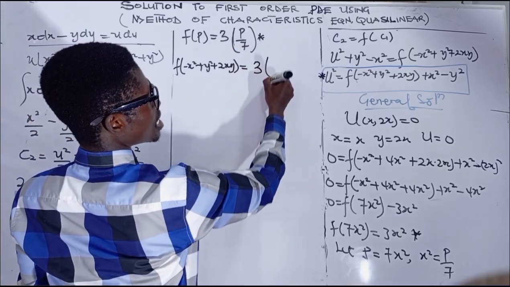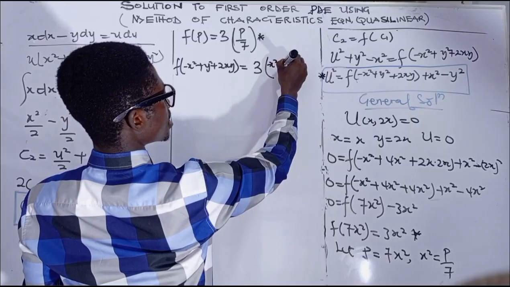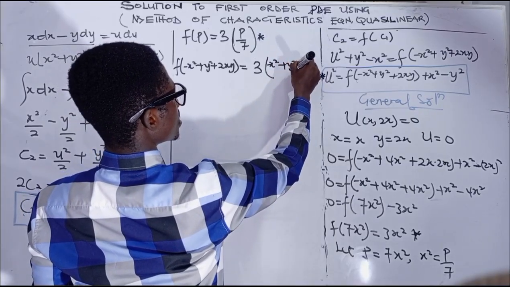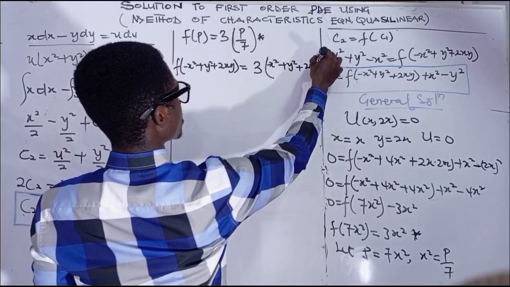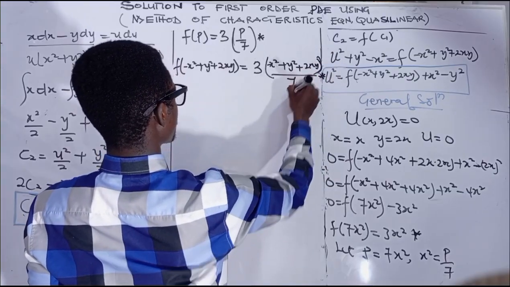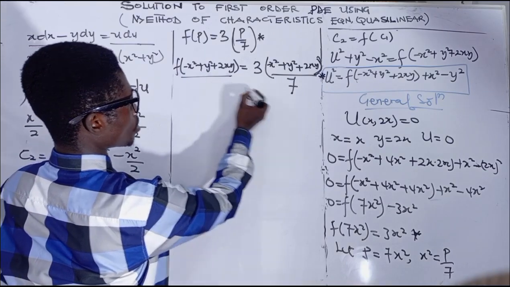And then we have p, our p is the whole of this, so we have x minus x squared plus y squared plus 2xy all over 7.